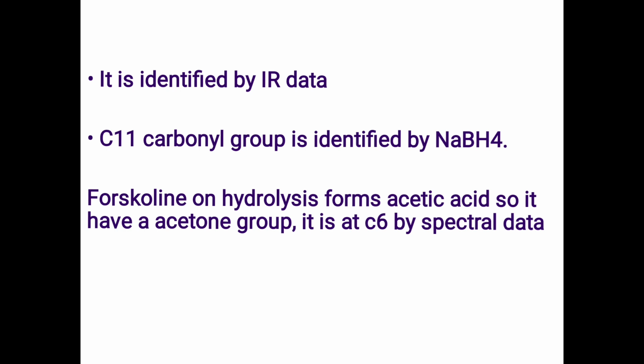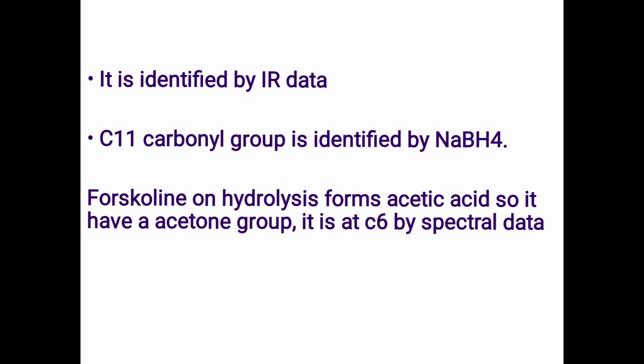That means the carbonyl group at C11 does not react with 2,4-dinitrophenylhydrazine, but it is identified by reaction with sodium borohydride. On reaction with sodium borohydride, the carbonyl group can be converted into a secondary alcohol group.